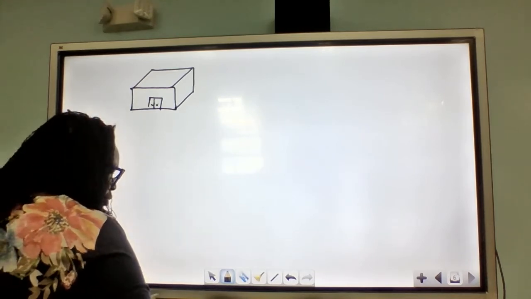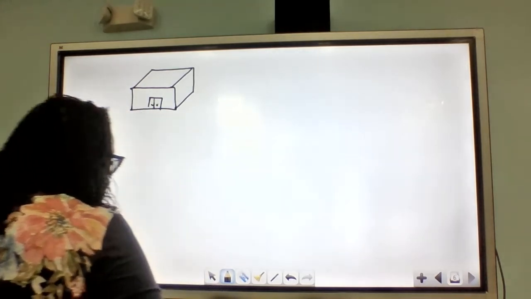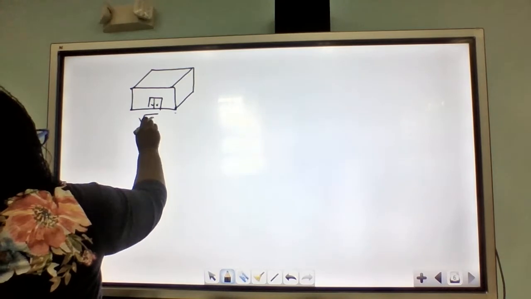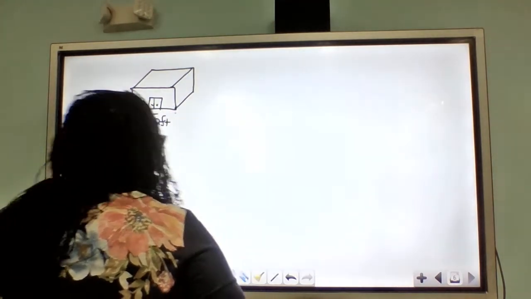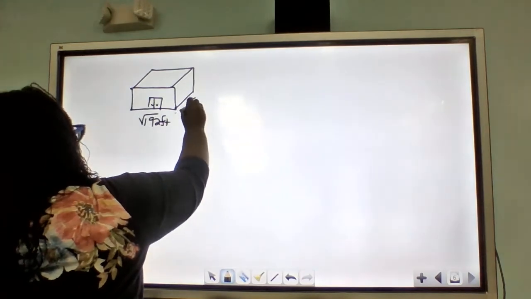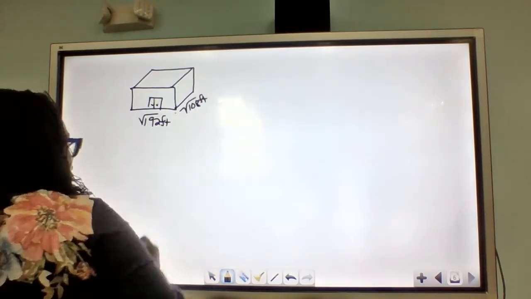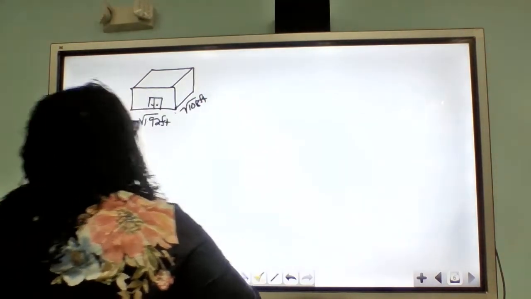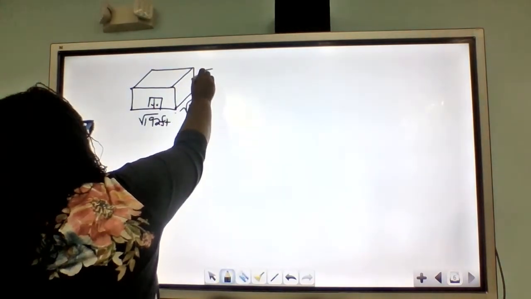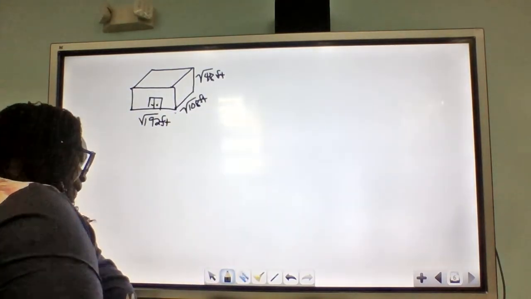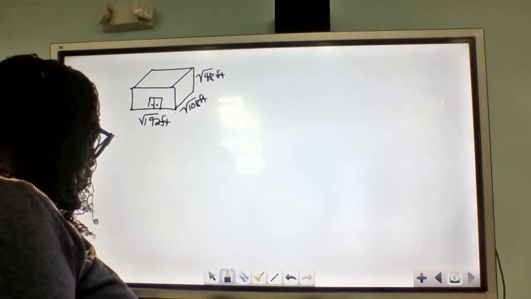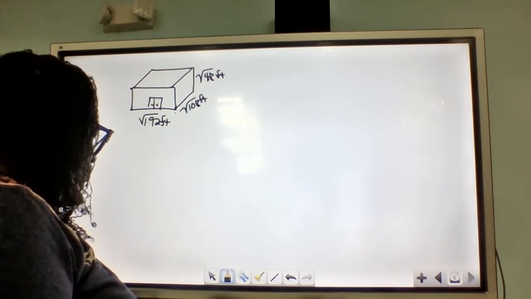On number 13, we have a building. All right, in our building, we have the square root of 192 feet on the front, the square root of 108 feet here, and then we have the square root of 48 feet here, okay? And so it asks us to find the perimeter of this fine building.